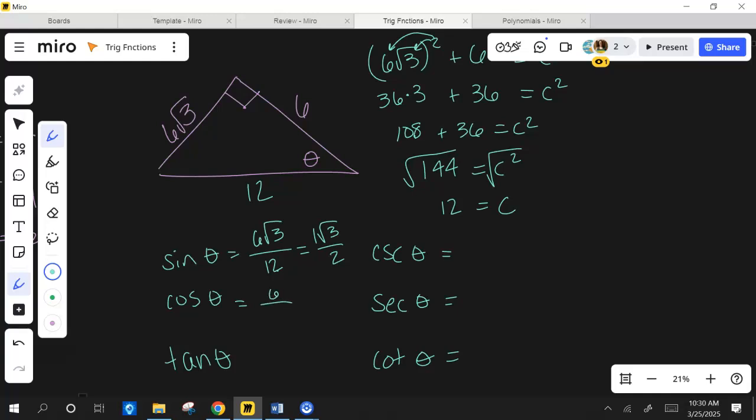What's hypotenuse? 1/2. Tangent. That's your TOA. Opposite 6 square root 3 over what's the adjacent? 6. It's just square root 3.